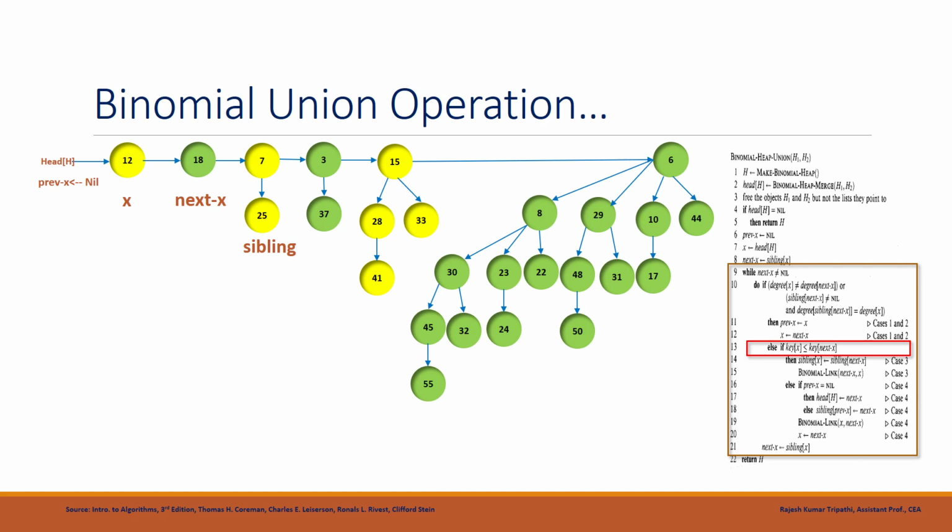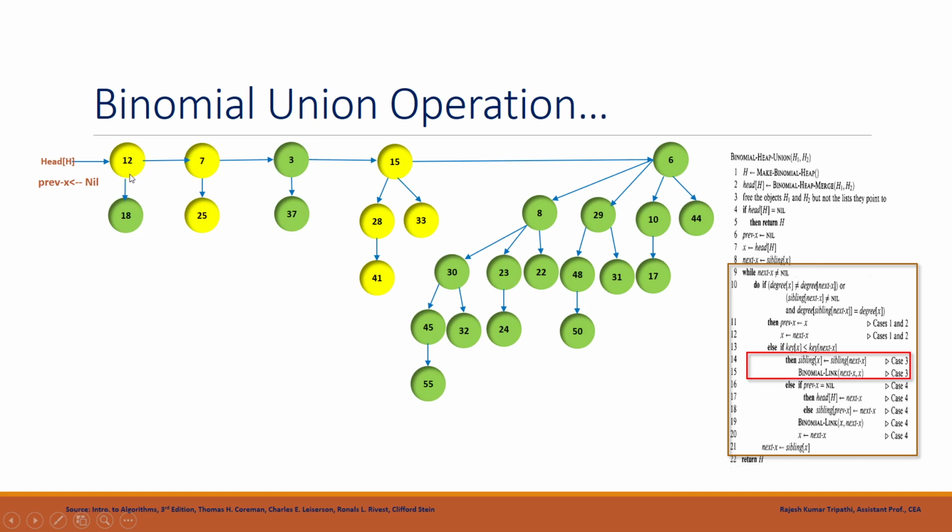If you see case number 3, in this situation, we compare the key of X is less than or equal to key of next X? Yes. So this 18 will become a child of 12. And sibling of next X, this one, will become a sibling of X. So which one is X? This one is X. And next X will be linked as a child of X.